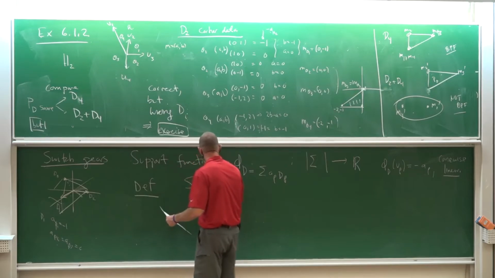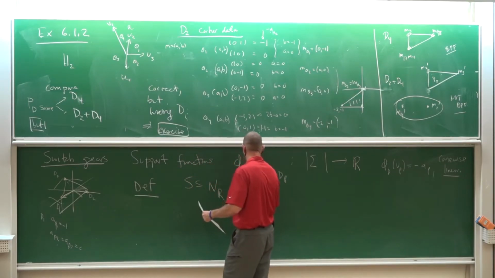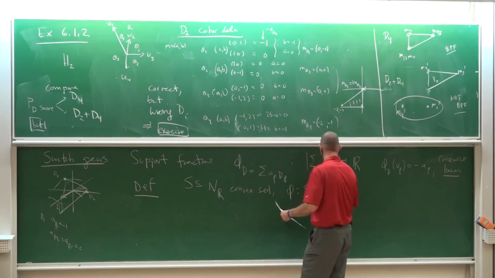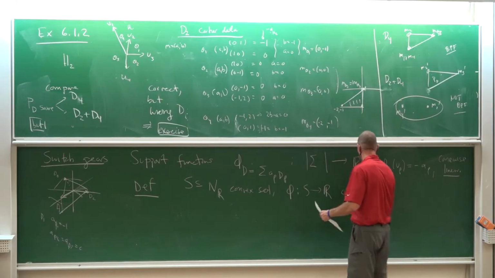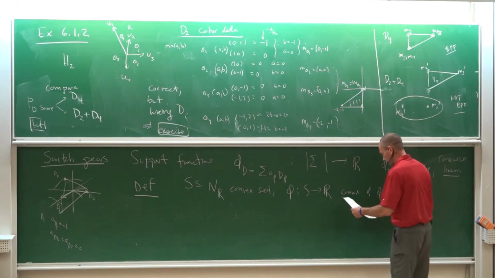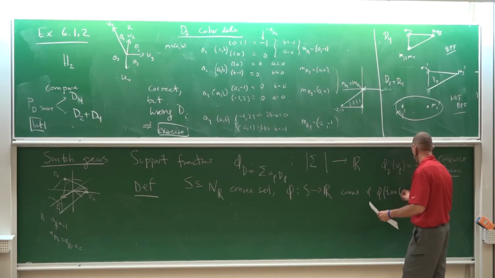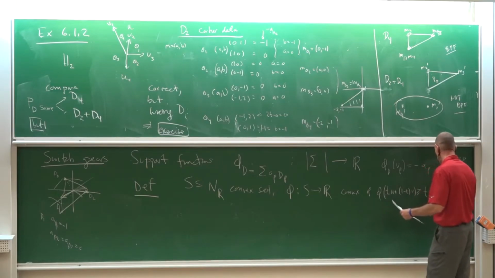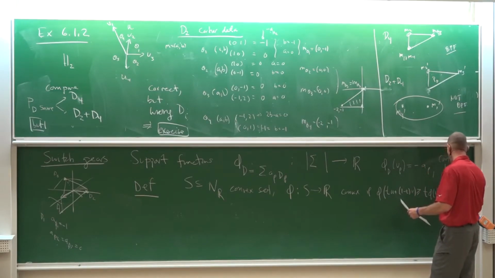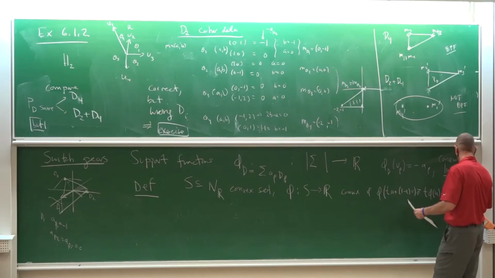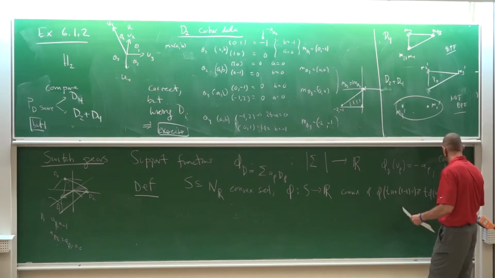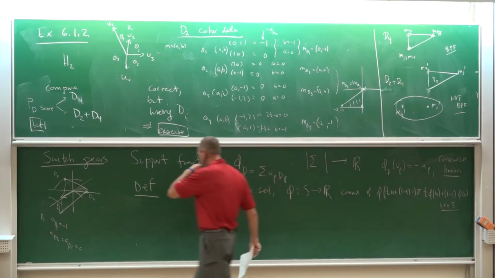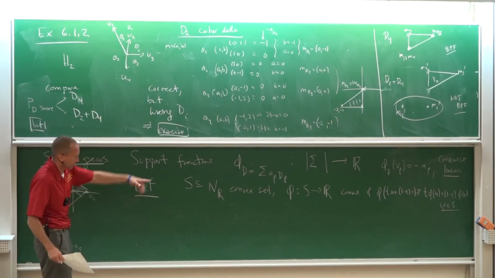S contained in N sub R, a convex set, phi mapping S to R, a function, is convex if phi of t u plus 1 minus t v is greater than or equal to t phi of u plus 1 minus t phi of v, for u and v in S. So the point is that this definition of convexity says what it says, right?